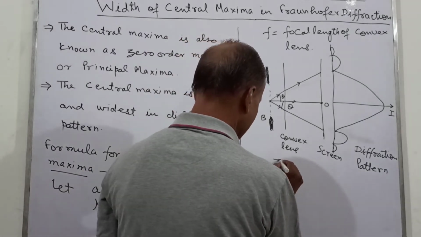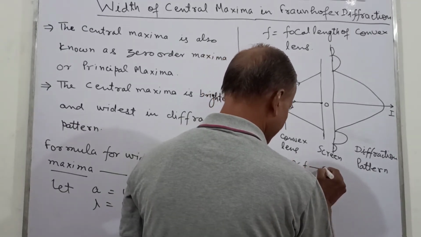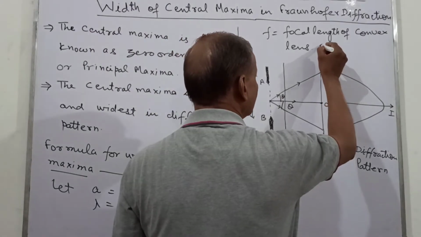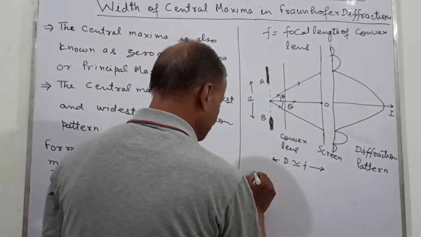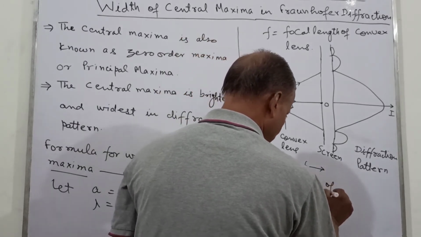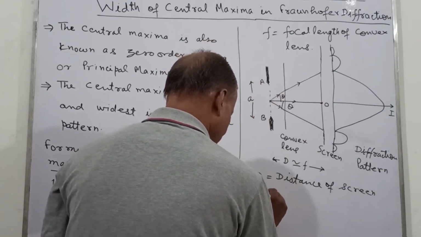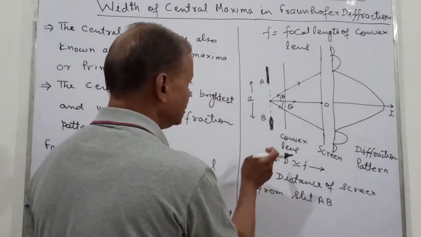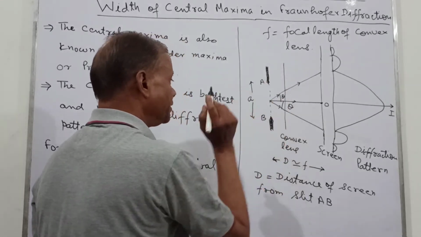So now this distance D is approximately equal to F. Let D equal to the distance of the screen from slit AB.